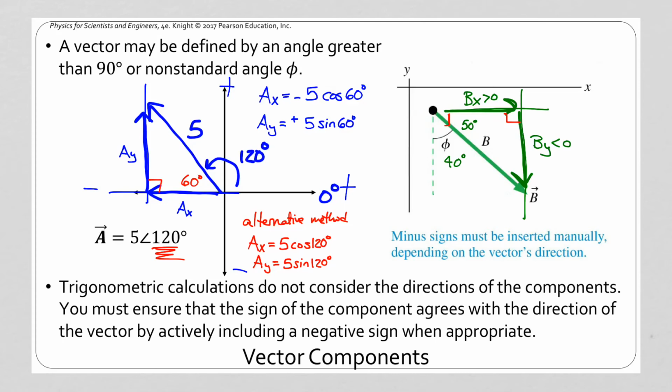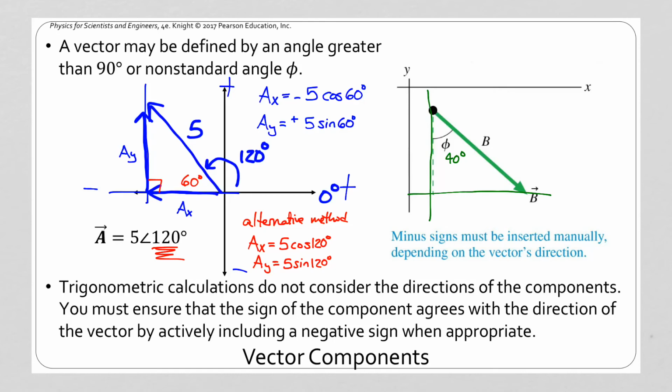Or finally, if you are given this angle here and you already know one angle in the triangle, what you could do is reverse what we were talking about before. Instead of a vertical line through the tip and a horizontal line through the tail, we'll draw a horizontal line through the tip, a vertical line through the tail. Again, we have a right triangle here. Again, we have the vector components of B, and we have the x and y components that we're trying to find.